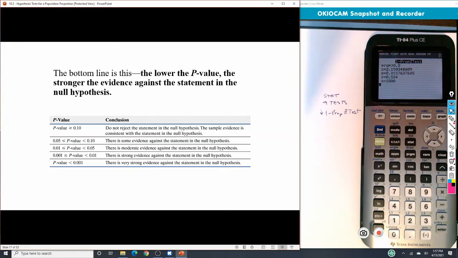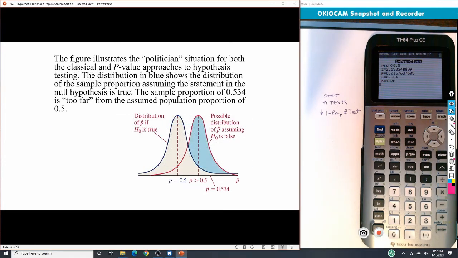And so here we kind of go through those same things, but again, we're going to be looking at 0.05. If it's less than 0.05, we're going to reject those, okay? And so that's what we assume here for them.